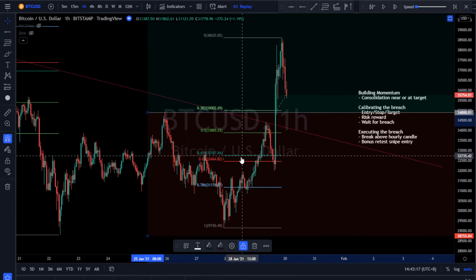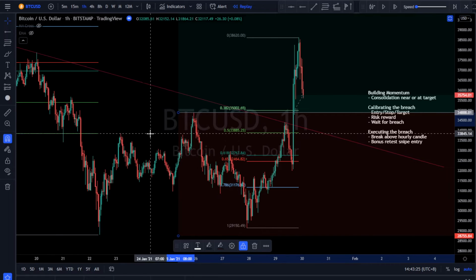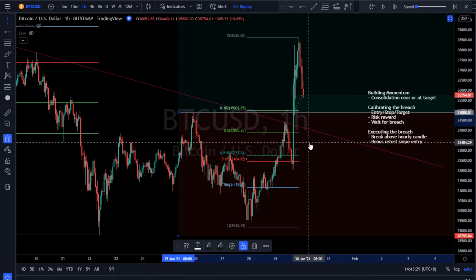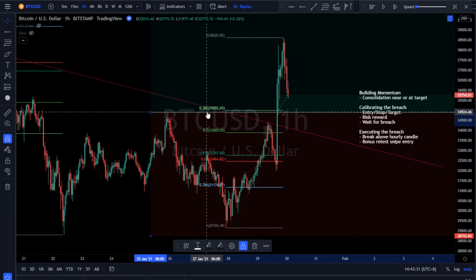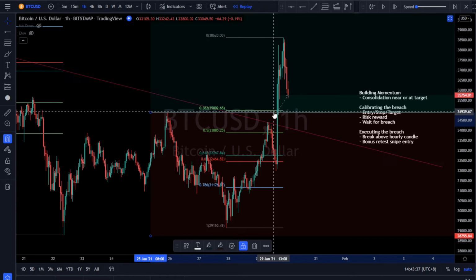Okay, and look out for confluence. So we got the golden pocket here that is kind of in line with this hourly support. You can argue that the 38.2% fib is also in line with this previous high, but it doesn't look very attractive to me, so I'll wait for this one over here.